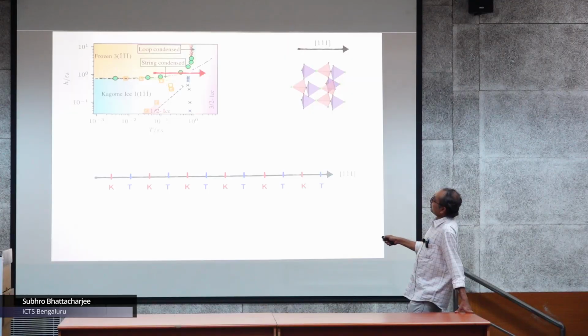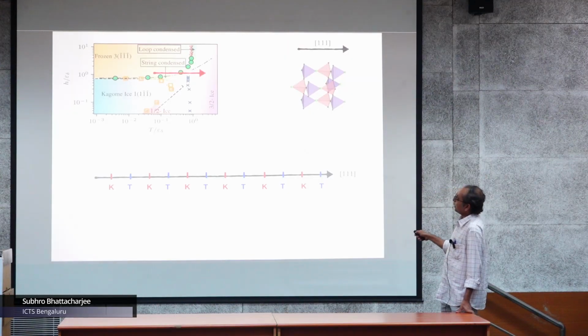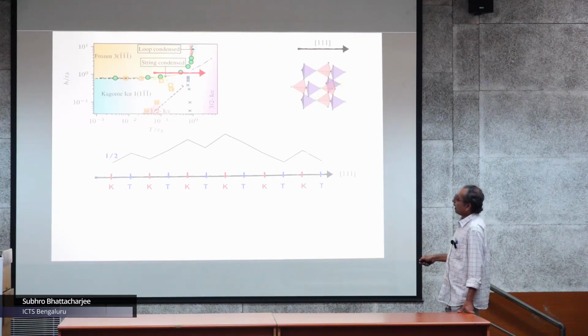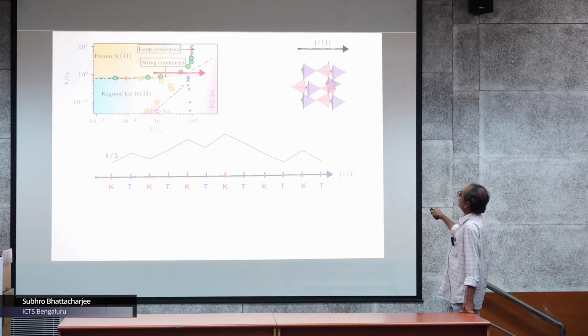At some point when you increase the temperature, you start proliferating strings of spin 1/2 in this background along the 111 direction. You flip this spin 3/2 to 1/2, and you compensate by flipping this -1/2 to 1/2 again to maintain the ice constraint, the 2-in 2-out rules. But now the strings are proliferating in the 111 direction.